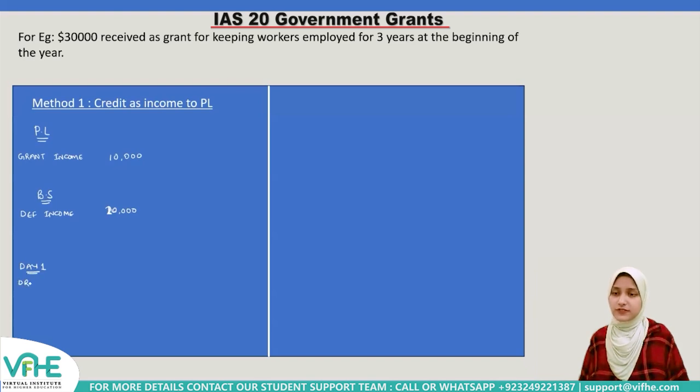So I would have received debit bank 30,000 and credit deferred income another 30,000. Now year end 1, okay, how would it look like in year end 1?